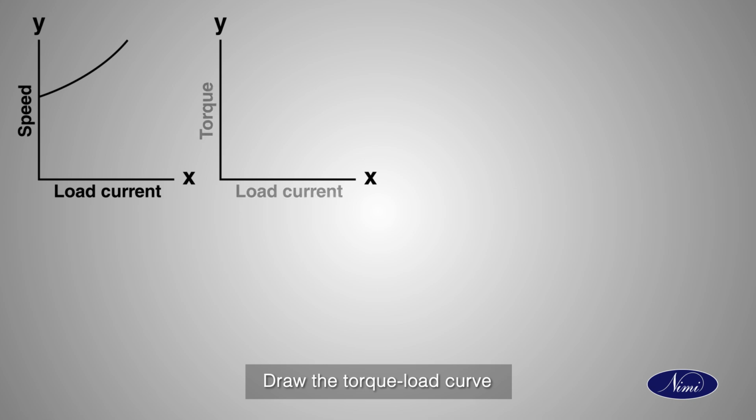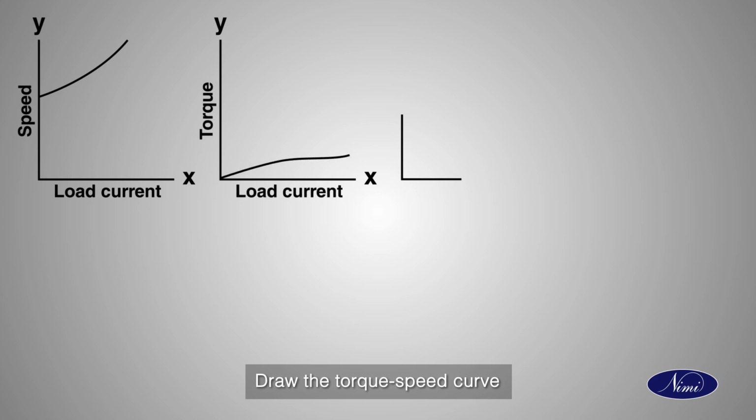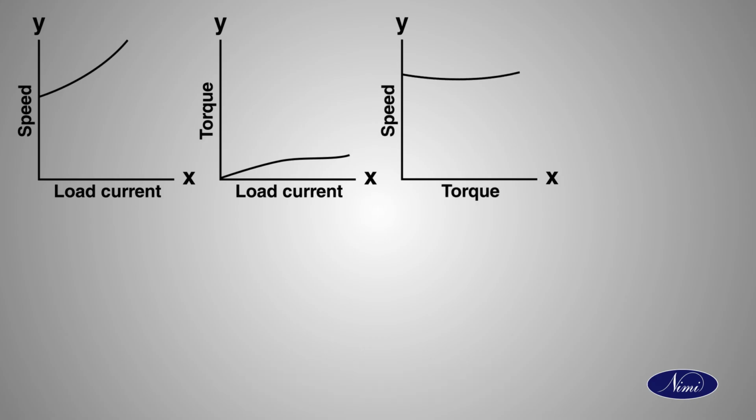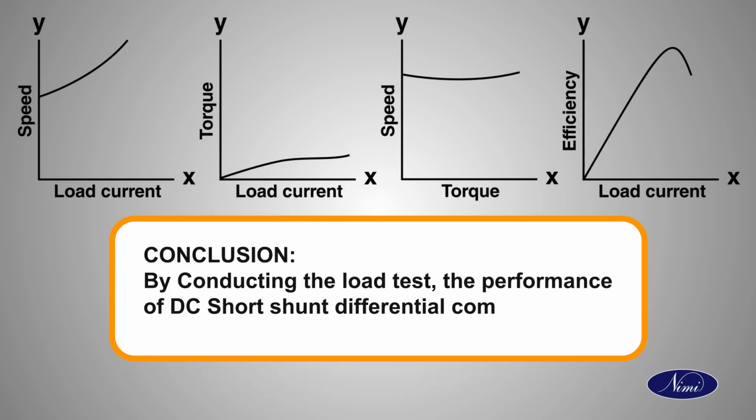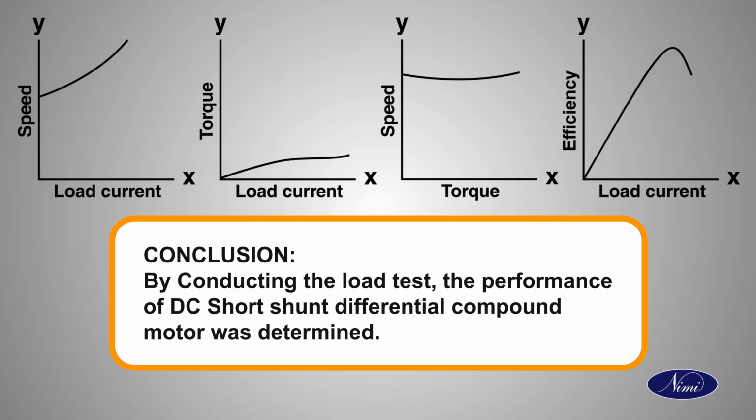B. Draw the torque load curve. C. Draw the torque speed curve. D. Draw the load efficiency curve of the DC compound motor. Conclusion: by conducting the load test, the performance of DC short shunt differential compound motor was determined.